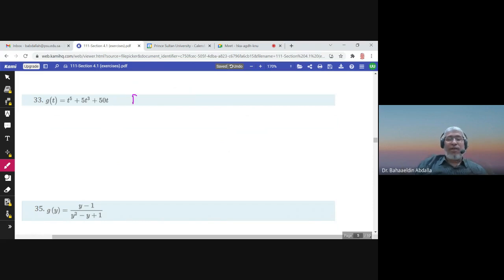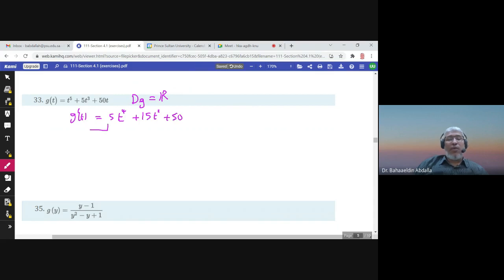Similarly, first I determine the domain, and the domain here is all real numbers, it's a polynomial. So let me find g prime of t. Well, g prime of t is 5t to the power 4 plus 15t squared plus 50.